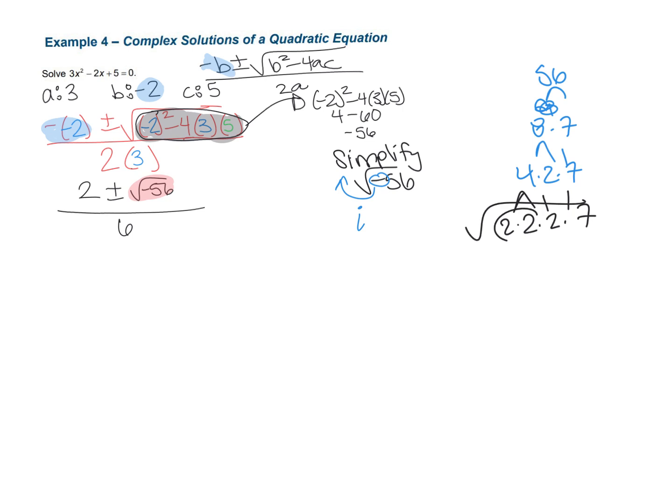So I can take out a 2. There's already i there, and then look what's left over. That's kind of cool. 2 times 7 is 14. All that work just to simplify this piece.